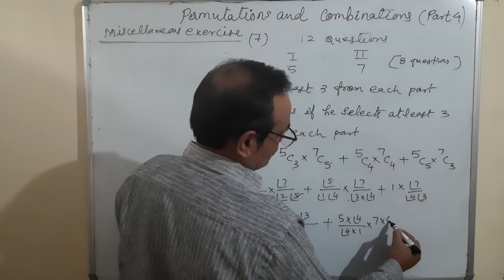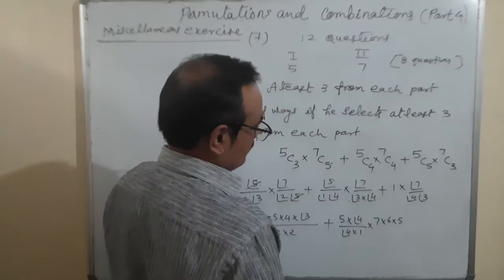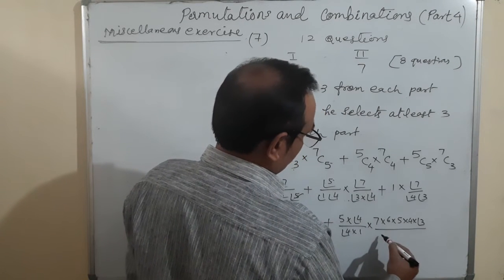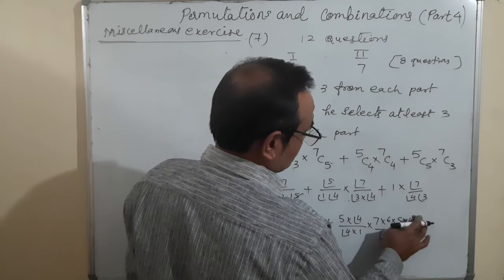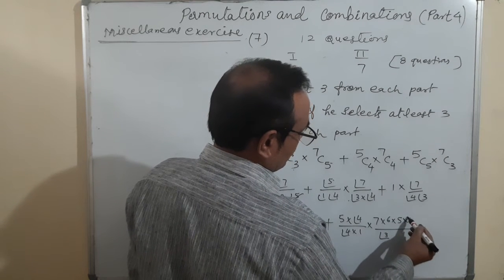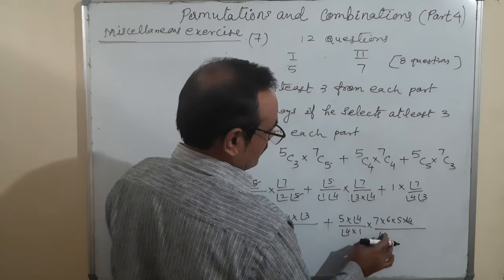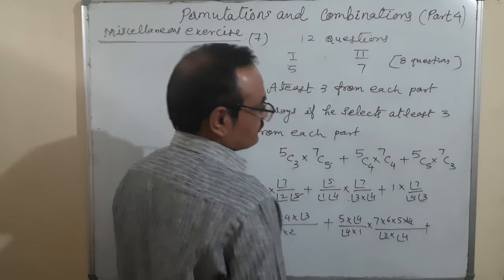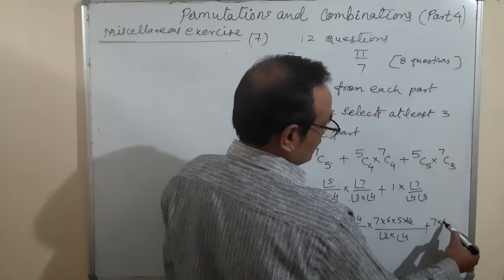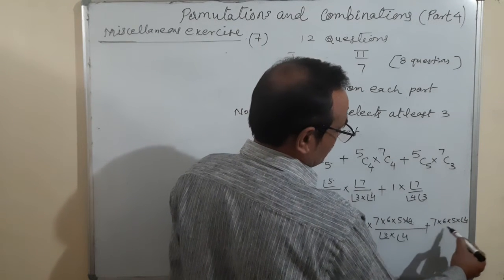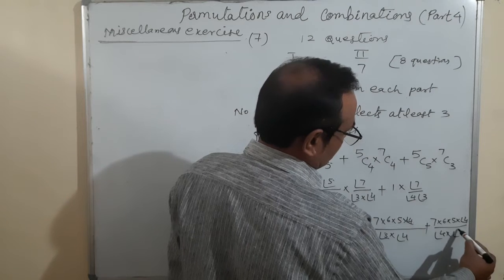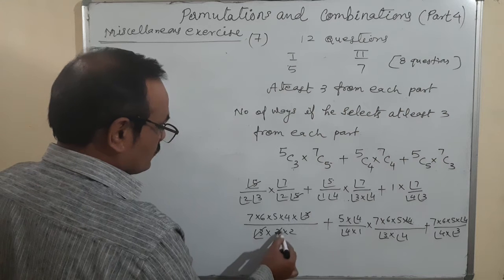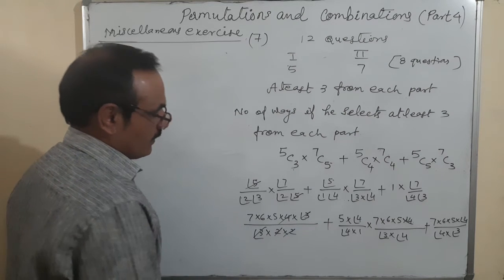Factorial 7 into 6 into 5 into 4 into factorial 3 upon factorial 3, sorry, this is not required, factorial 4 factorial 3 into factorial 4, and plus 7 into 6 into 5 into factorial 4 upon factorial 4 into factorial 3. So let us see, this factorial 3 cancels here. 2 2s are 4, cancel.